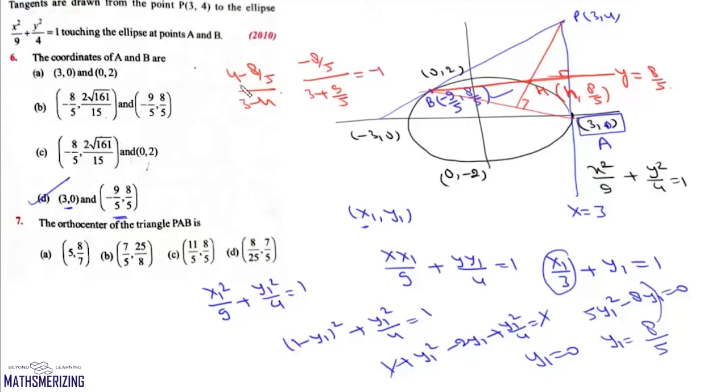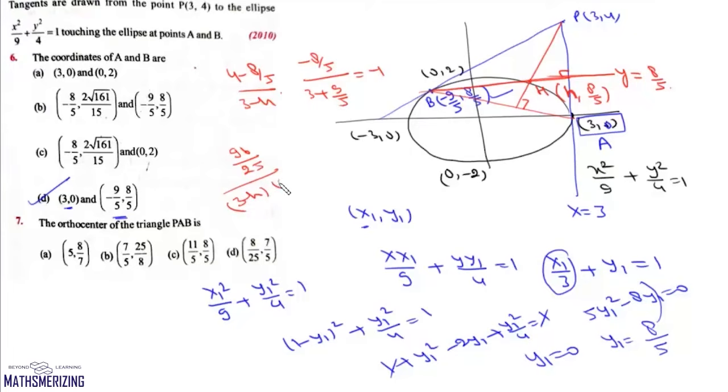So it will be 20 minus 8, 12/5 minus 8/5, so it will be 96 upon 25. This minus and minus will cancel, and here we'll have 3 minus h, and it will be 15 plus 9.